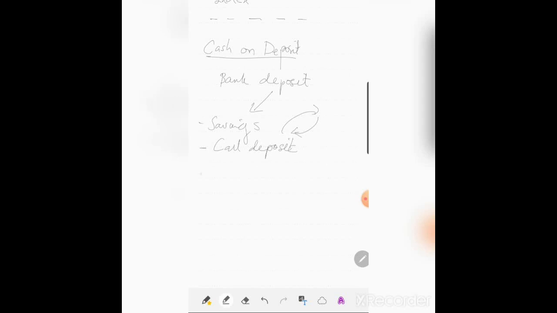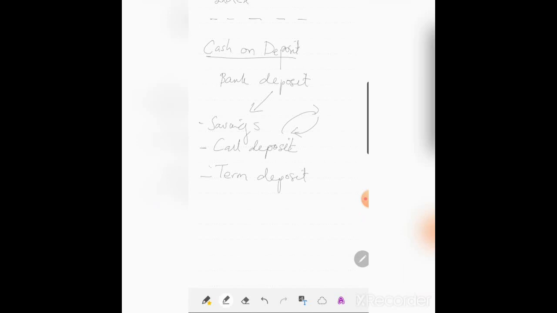But at the same time, in terms of the banks, there are also some products which are called term deposits. So these are more like fixed deposits.